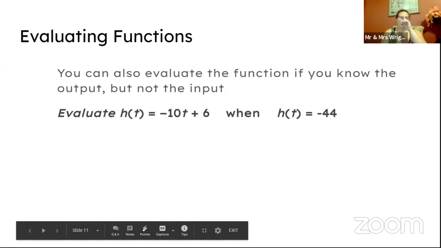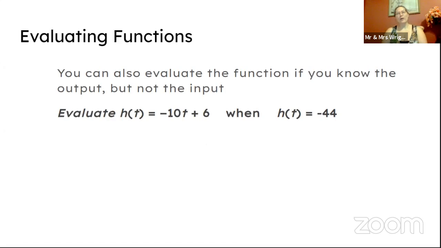All right, so evaluating functions. You can also evaluate it if you happen to know the output, but not the input. So here we're asked to evaluate h of t is -10t plus 6. Evaluate that when h of t is -44. So in this case, instead of asking to find h of a number, we don't know what that input is, but we happen to know what the output is.